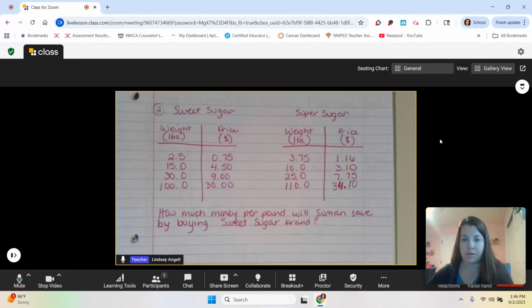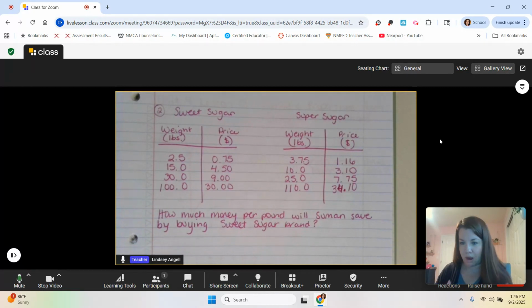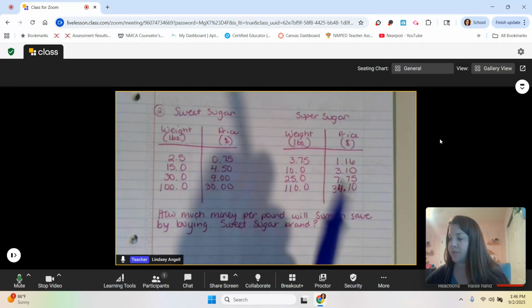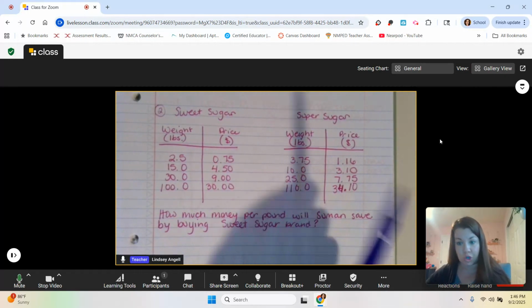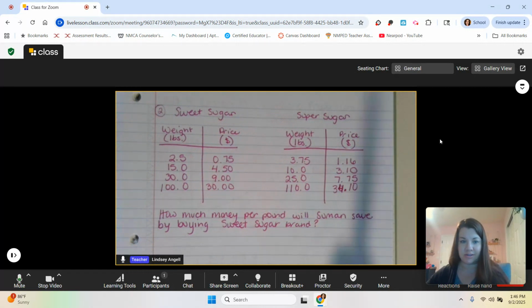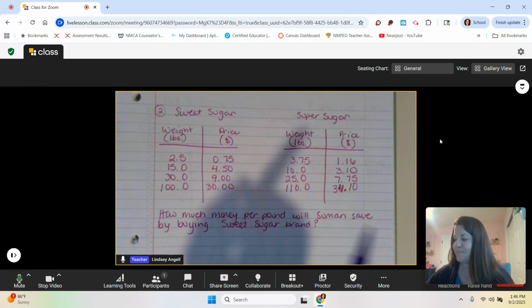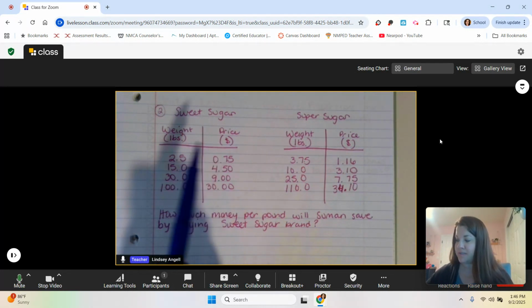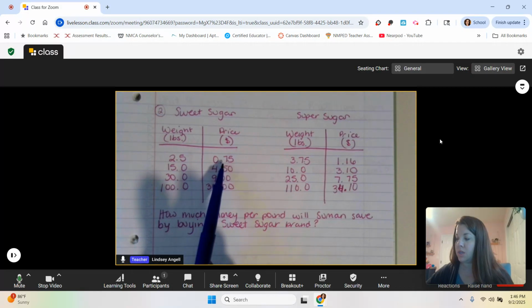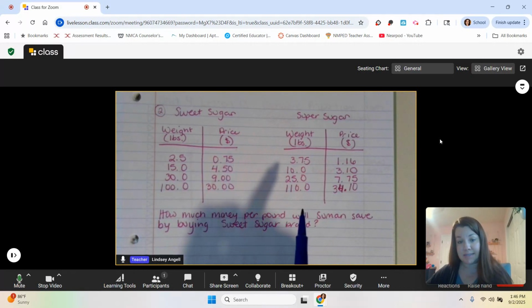Number 2. Okay, I didn't write the whole problem. It was very, very long. But we've got these two different sugar companies. We've got Sweet Sugar and we've got Super Sugar. And with both of them, we're given different values. Depending on the weight, for this one, if you buy 2.5 pounds, you are paying 75 cents.